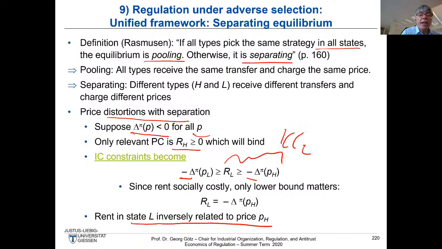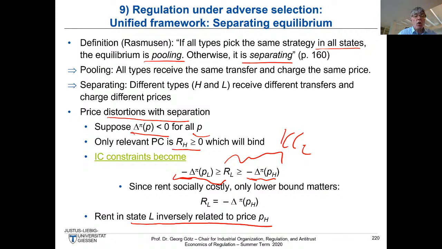The rent of the low type has to be greater than the profit difference if it claims to be a high type. If it's too complicated, always think in terms of the rectangles. The left inequality doesn't matter because that's the incentive constraint of the high type, that the high type does not pretend to be a low type, but that's never binding, the high type can never do that.